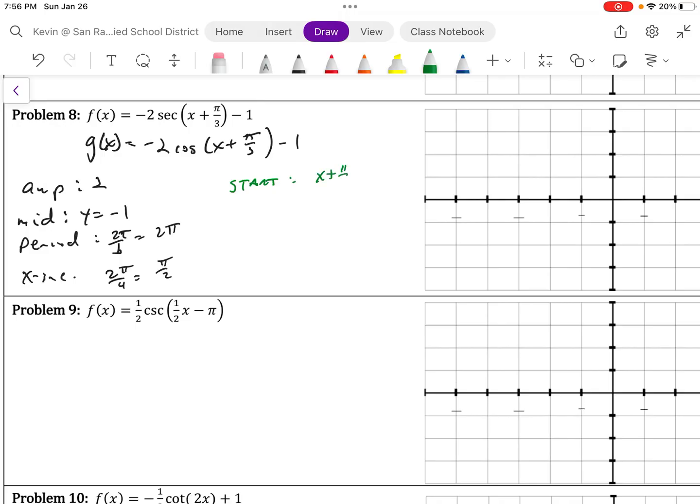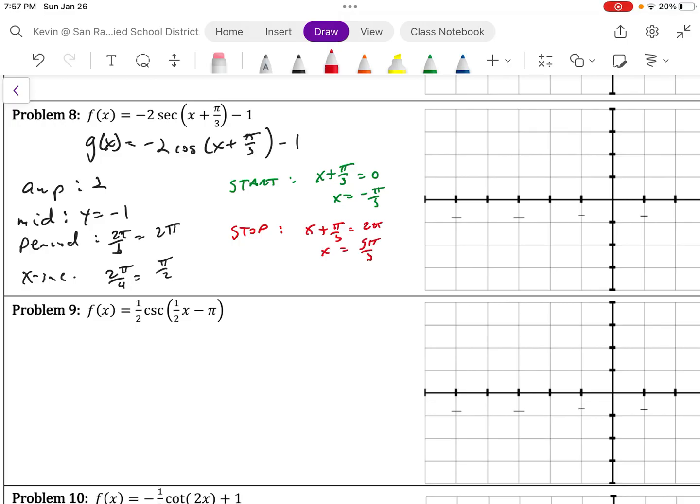And our start, so we're going to go x plus pi over 3 equals 0. So x equals negative pi over 3 is our start. And then our stop, x plus pi over 3 equals 2 pi.